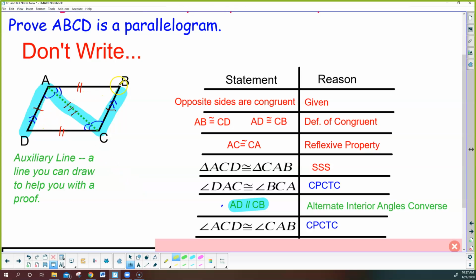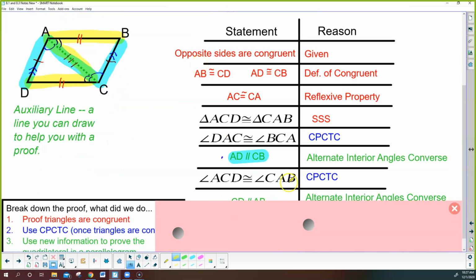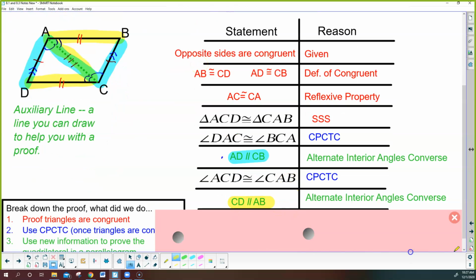So now if I do the Z going this way, those two angles are congruent, which means alternate interior angles converse proves I have another pair of parallel lines. So I'm going to go ahead and add that.